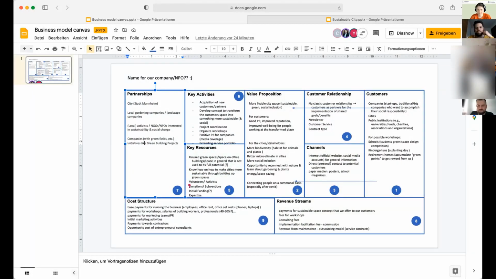Our revenue stream would obviously be, for example, consulting fees and implementation fees. So we are following a typical consulting model, but forming our own piecemeal, unit pricing. There would be one offering with consulting fees, then implementation, and also an option for revenue from maintenance.